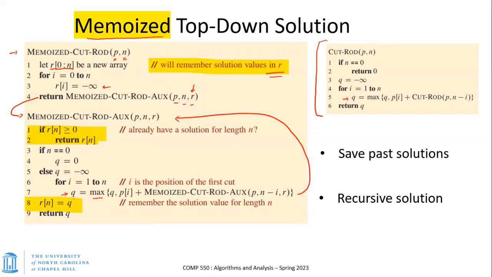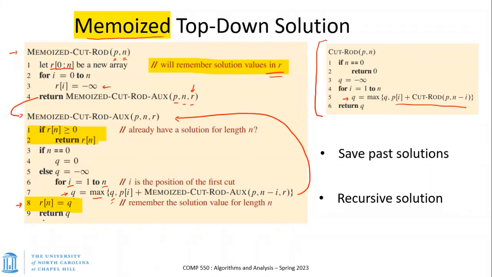It's doing a max of the current maximum revenue that we have, and comparing that with all the possible values for i going from 1 to n, which is what we did over here. It's essentially the same, except there are a couple of differences. Every time we find an optimal solution, we save it in R[n].